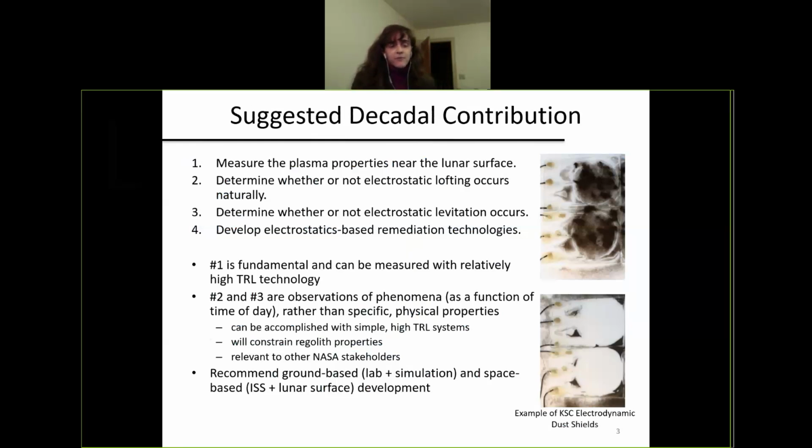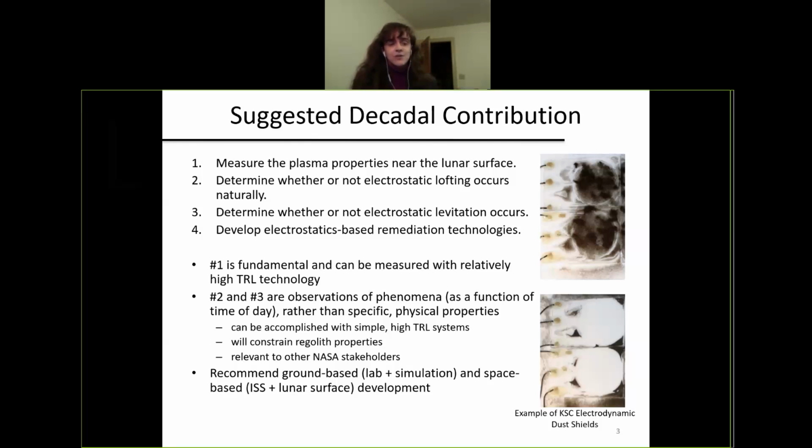So we have 4 suggested decadal contributions. First, we think it's really fundamental to measure plasma properties near the lunar surface. These plasma properties feed into our understanding of the feasibility of a variety of phenomena, and it would be a great benefit to have these nailed down as inputs to simulations or experiments going forward.